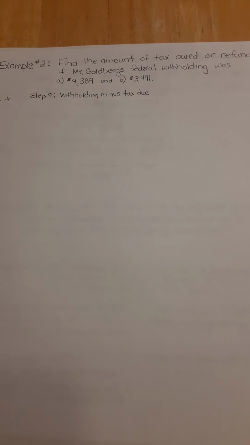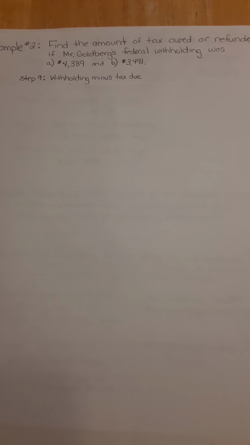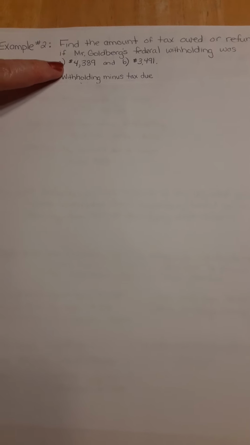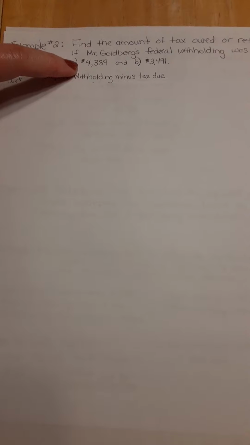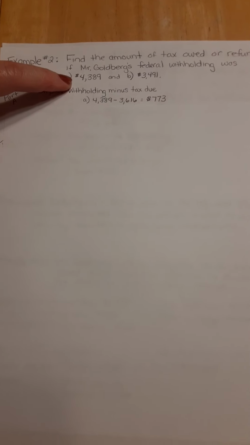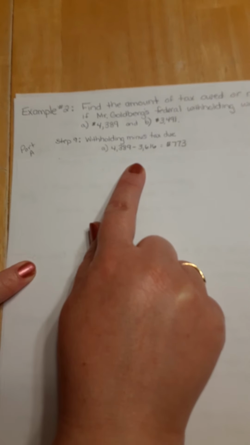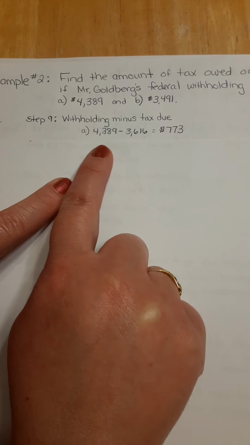Step 9 says that we're supposed to find the withholding by subtracting the tax due. This is what our federal government has taken out. Now, by looking at the back of the book, remember we found that total was 3,616. This is the actual amount that we should be taking out.